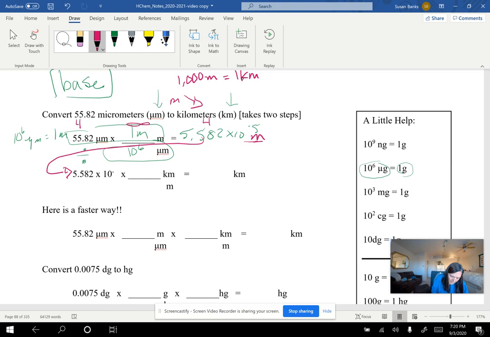So I've got 5.582 times 10 to the negative, we said it was 5, and our unit here is meters. So in the next step, I want meters to be on the opposite side, so I'm going to put it on the bottom. So I want my 1,000 meters on the bottom, and I want my 1 kilometer. Oops, I don't need to put that unit again. It's already there.